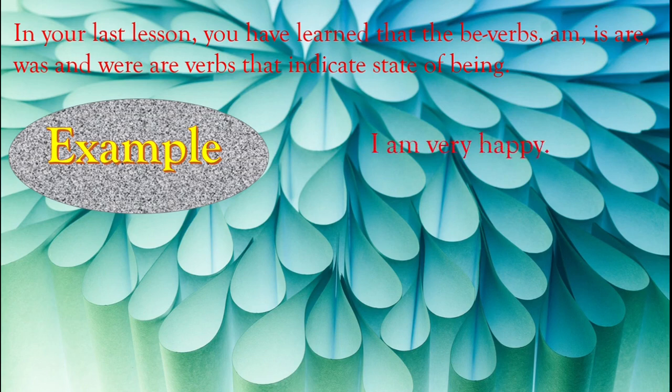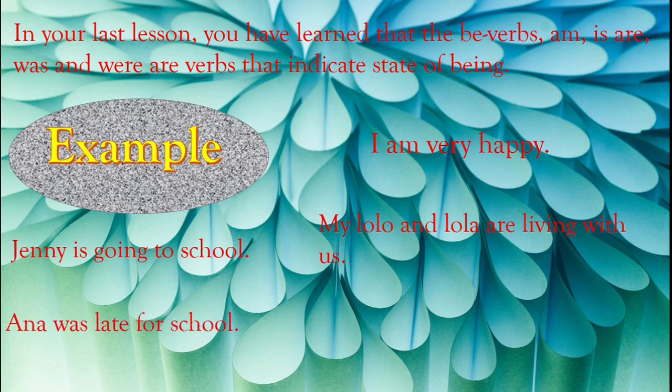Example, I am very happy. My lolo and lola are living with us. Jenny is going to school. Anna was late for school. And we were at her birthday party yesterday.